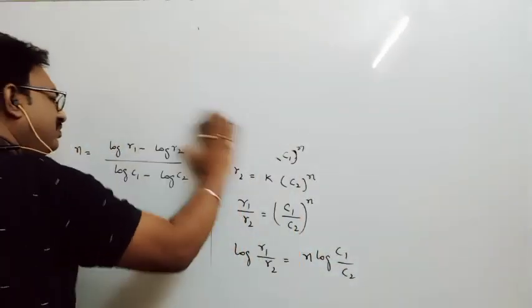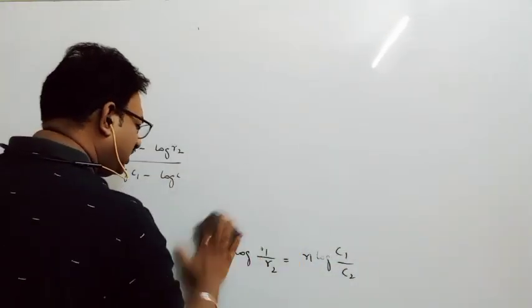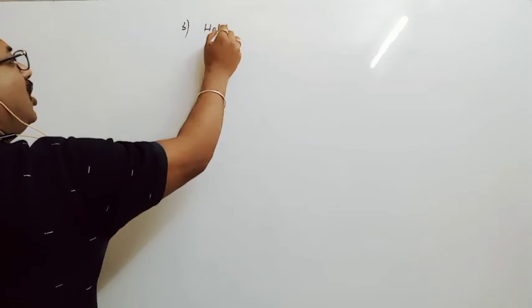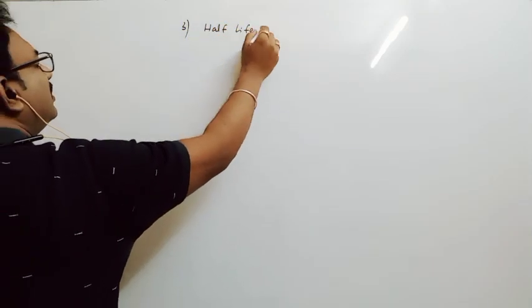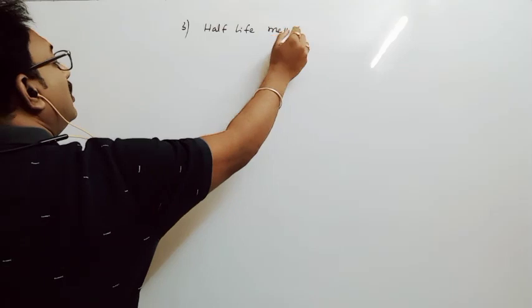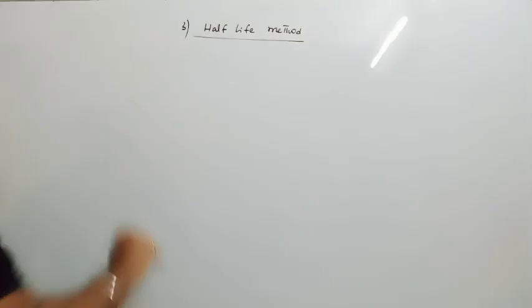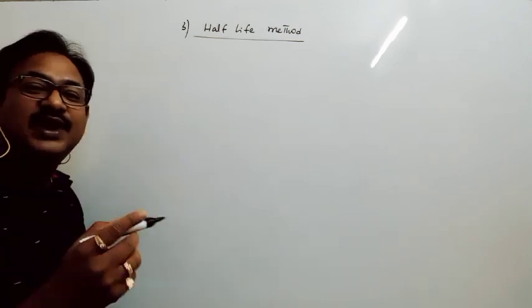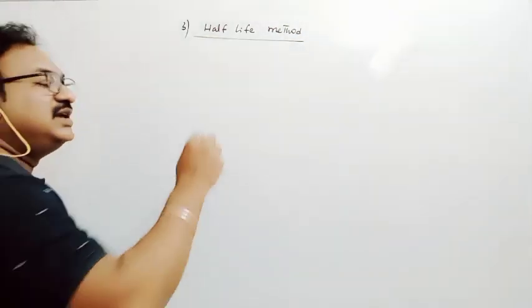This is a very important and very good method, the half-life method, the third one. You can find the order of reaction with it.